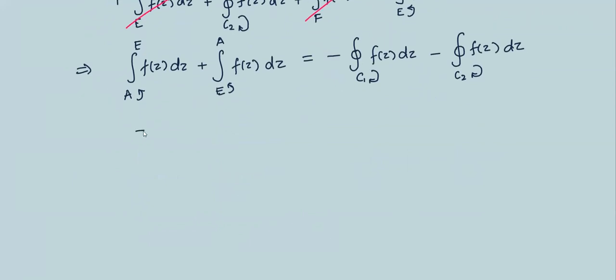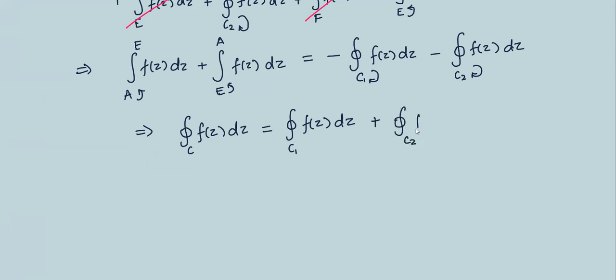Okay, this becomes the integral closed loop C f of Z dz is equal to the integral C1, anticlockwise in the same direction as that of C, f of Z dz plus the integral C2 f of Z dz.